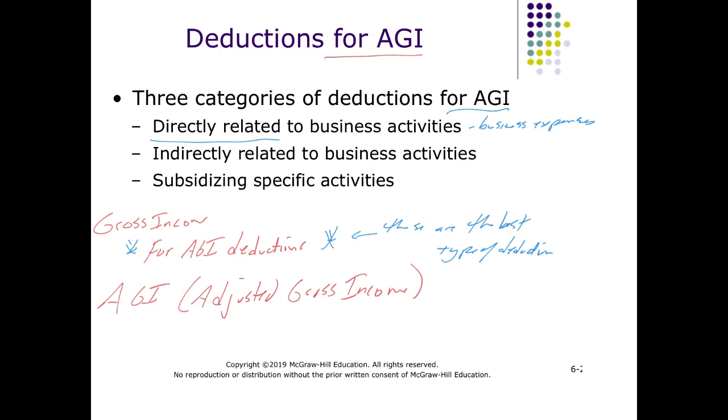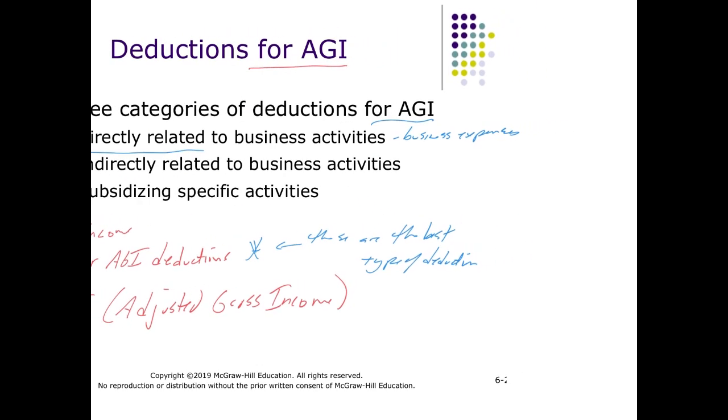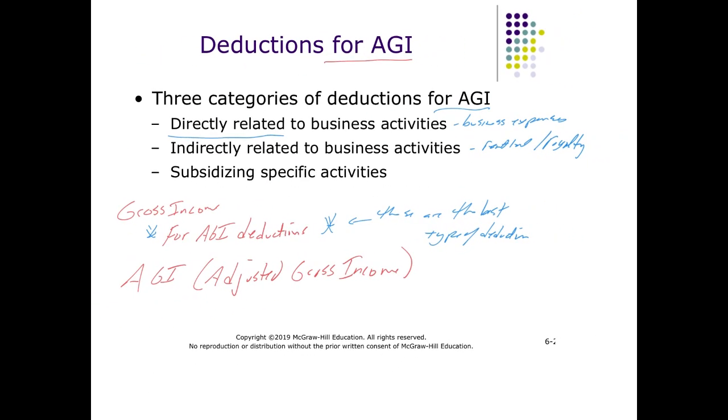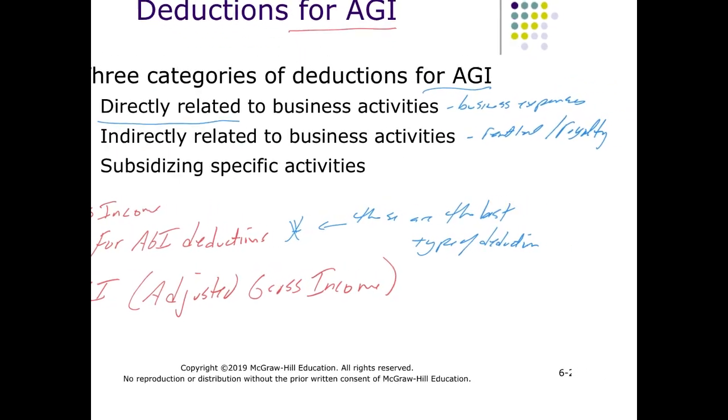Okay. Then you have expenses that are indirectly related to business activities. So these could be rental, royalty type expenses. Okay. And then we have 4 AGI deductions that are designed to subsidize specific activities. Okay.